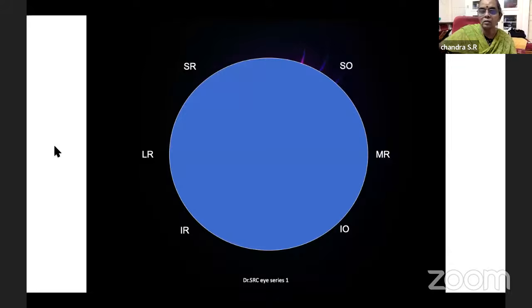We know we have got the superior rectus, superior oblique, lateral rectus, medial rectus, inferior rectus, inferior oblique. So these are the various muscles, the recti and the obliques. And we know that each muscle has its action.